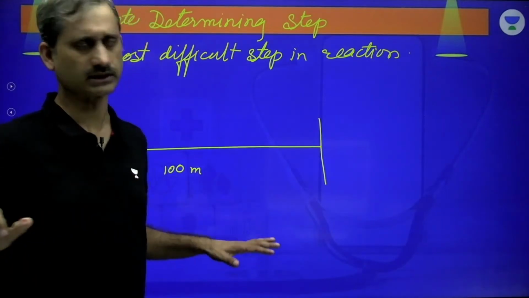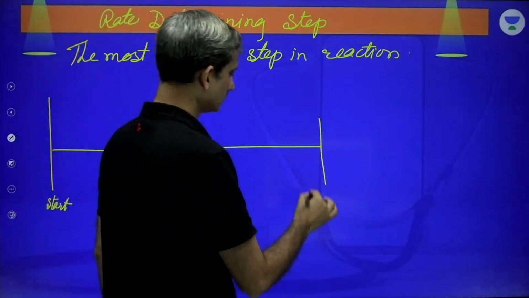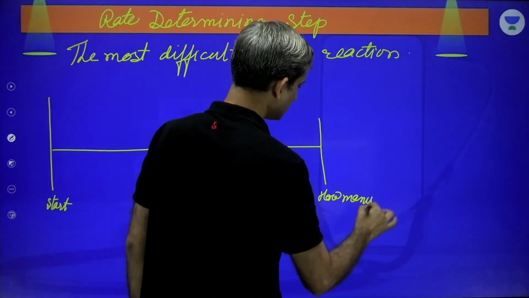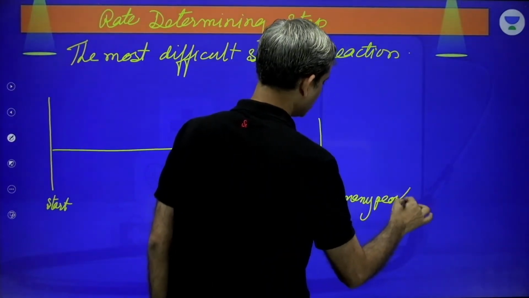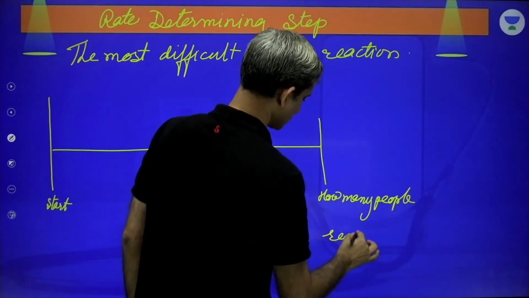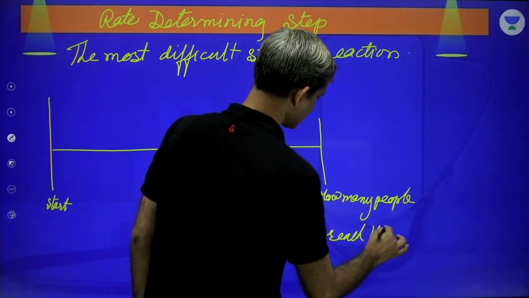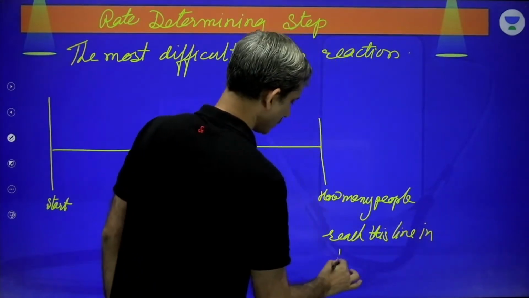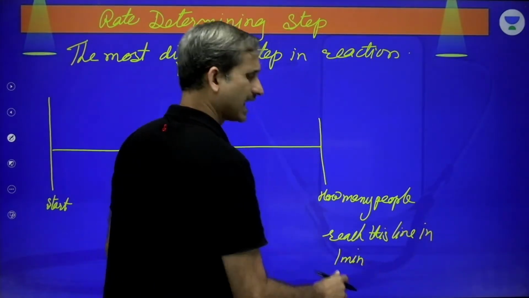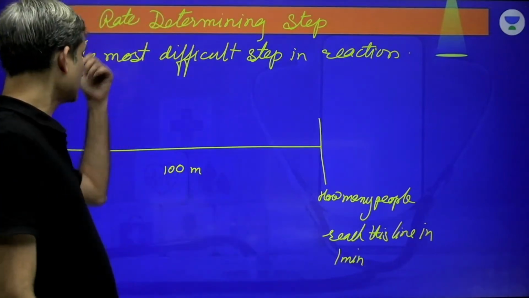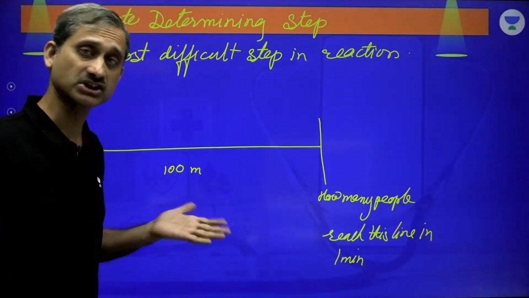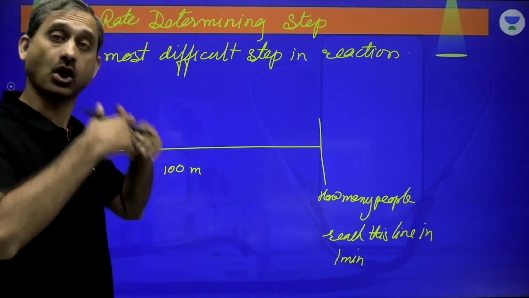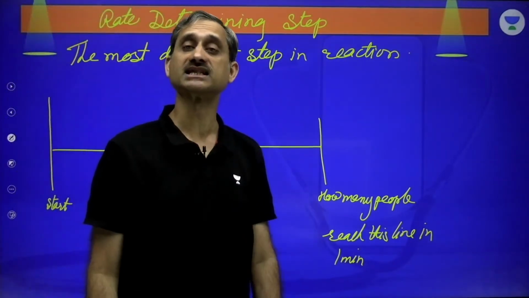We are counting how many people reach this line in 1 minute. I don't bother, because each person is independent. It is not 5 seconds for one, then 10 seconds, then 5 seconds for another. No. It is all going on together at the same time.